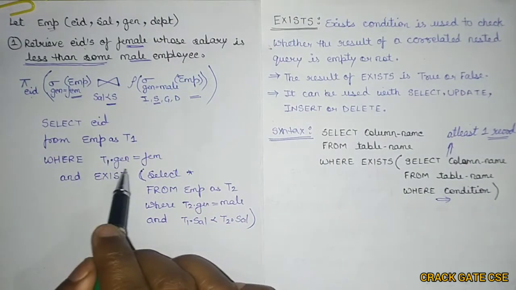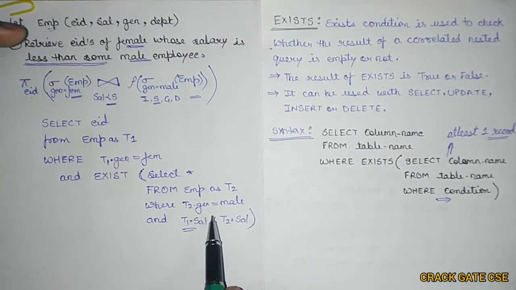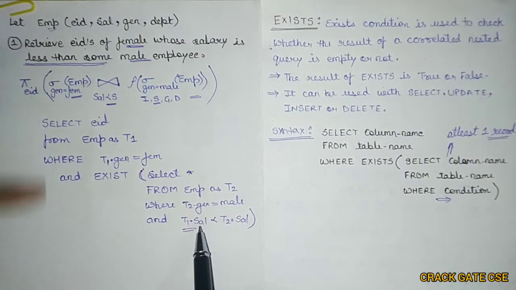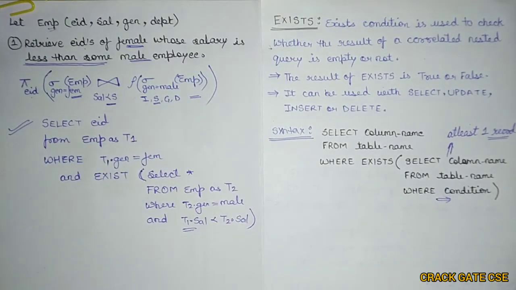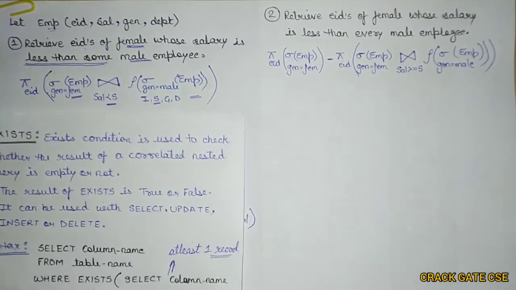So it will give the record whenever this is true. That means if there is any female employee whose salary is less than some male employee, and this condition is true, then only it will return the employee ID of the respective female employee. I hope you got an idea how this works. Now let's try to understand another example with the not exist condition.